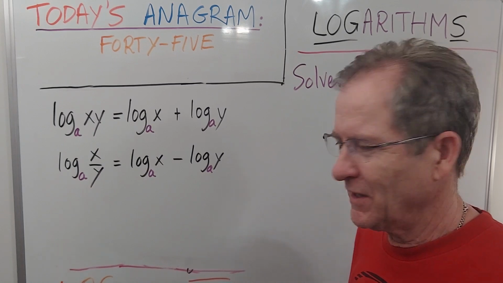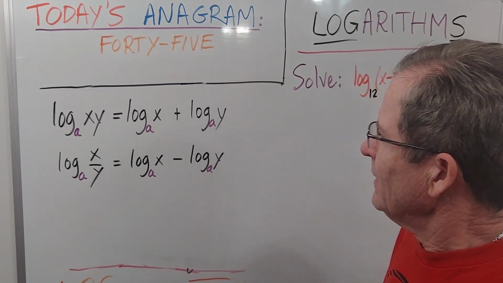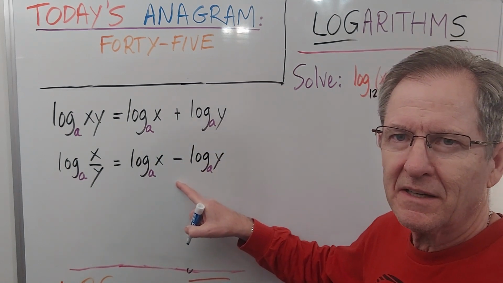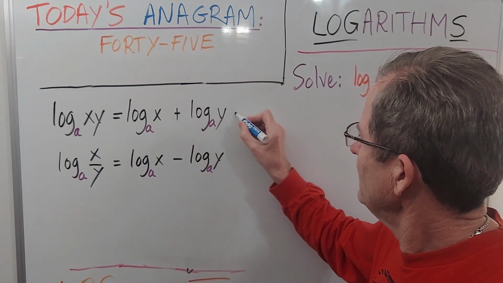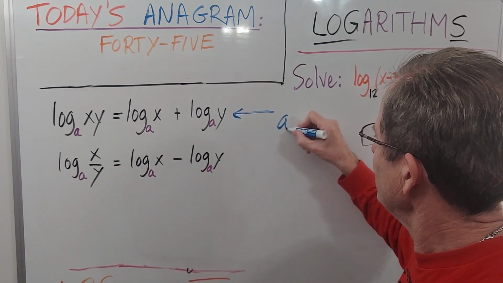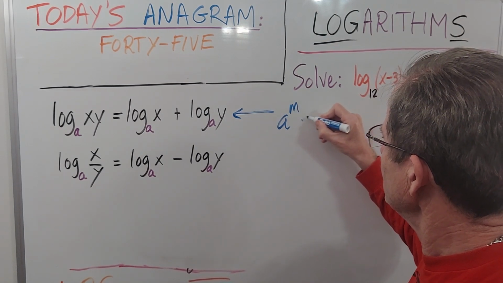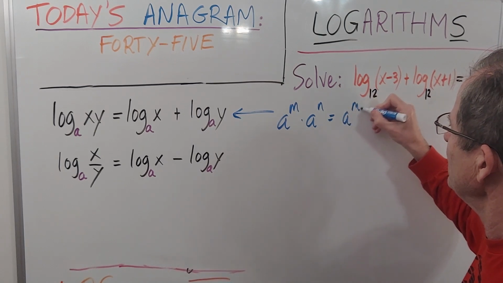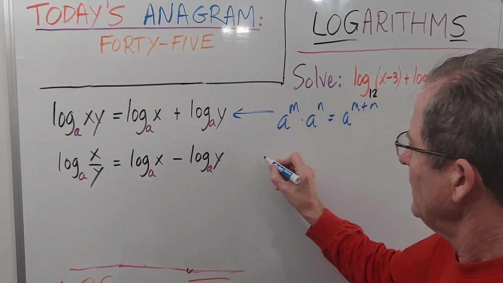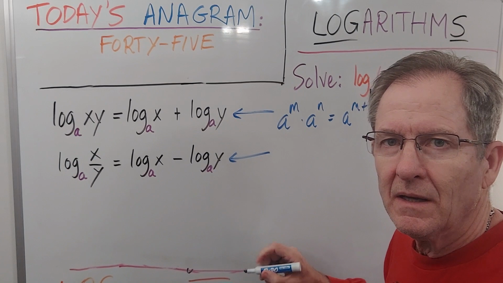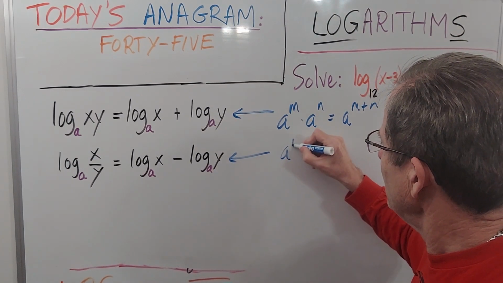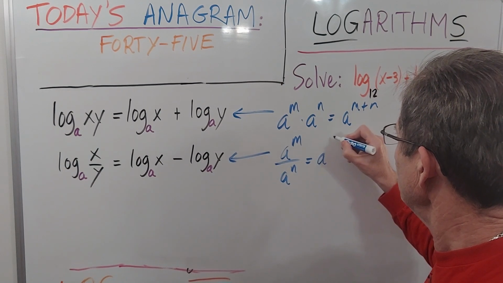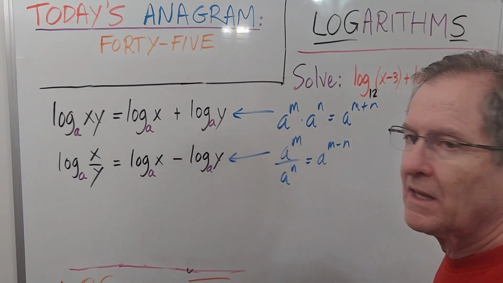Now, in the last video, I proved these two logarithmic identities. To prove this one, I used the fact that a to the m times a to the n is a to the m plus n. And to prove this one, I used a to the m divided by a to the n is a to the m minus n.